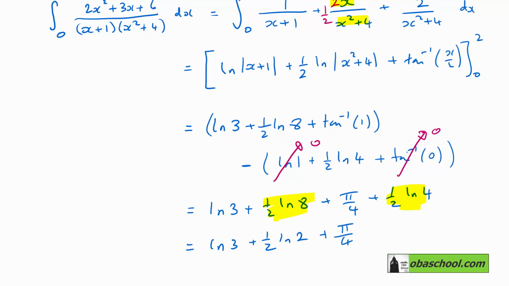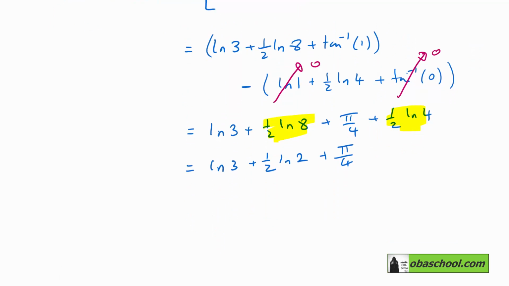And then we can get it into the required form. So this is ln 3 times, for this one we can put the half inside and get root 2, so that's root 2. And then we've got the plus pi by 4, so it's ln of 3 root 2 plus pi by 4.